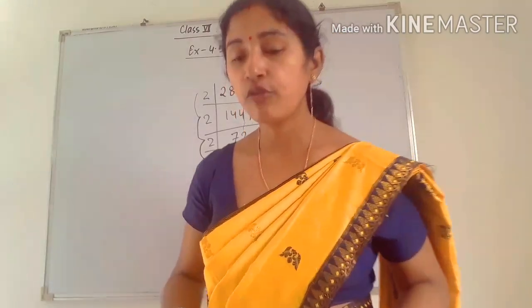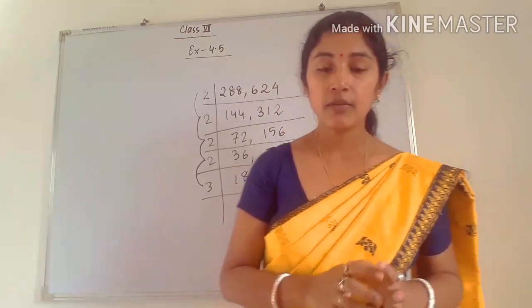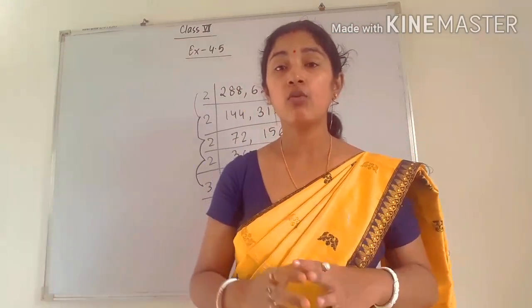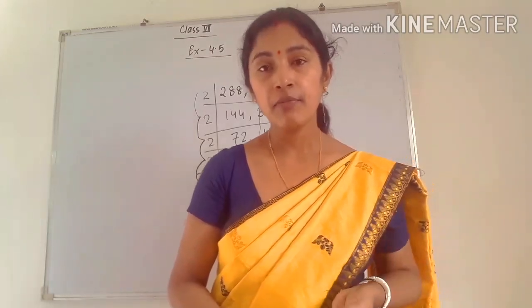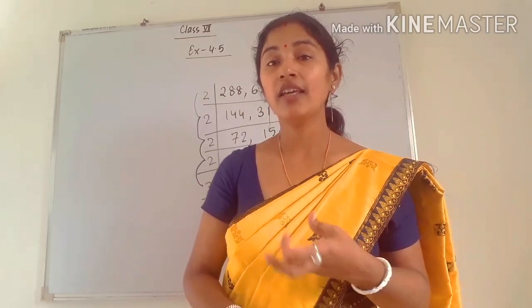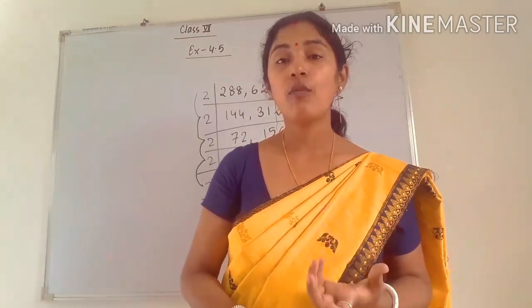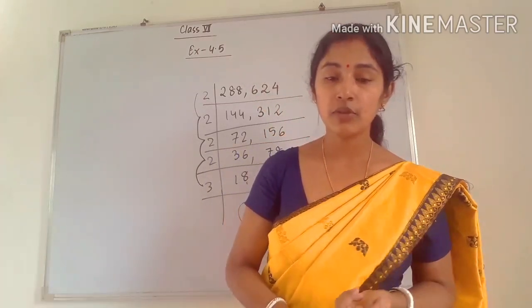So what we have to find? We have to find the maximum number of fruits, and it should be equal. Equal means same, and maximum means highest. So highest common factor, that is the meaning. Okay, HCF.